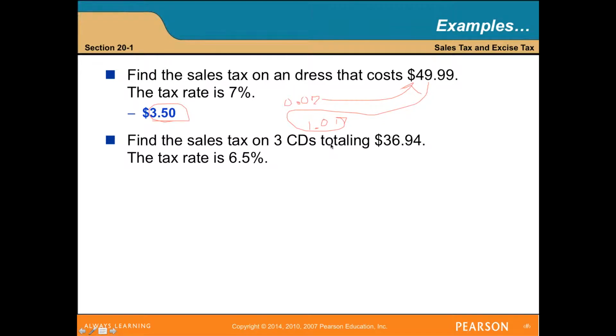Find the sales tax on 3 CDs totaling $36.94. The tax rate is 6.5%, so you multiply $36.94 times 0.065, and that gives you $2.04.